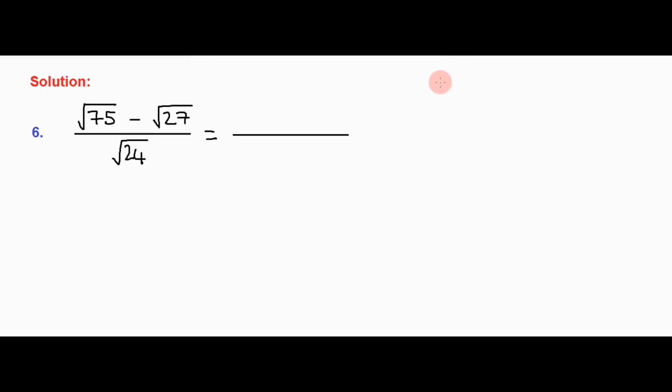Now, the square root of 75, we can write as a square root of 25 times 3, 25 being the largest perfect square that goes into 75. And this is a square root of 25 times the square root of 3, which is 5 root 3. So we can replace the square root of 75 with 5 root 3.